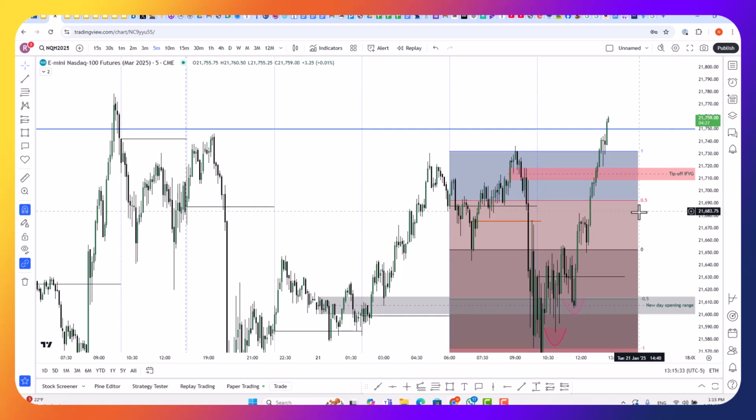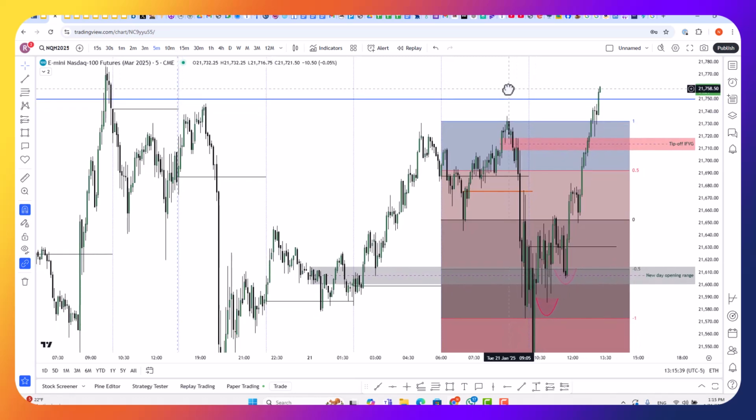Again, I only sell short after I see a fair value gap broken through like this. Then I will sell short here.